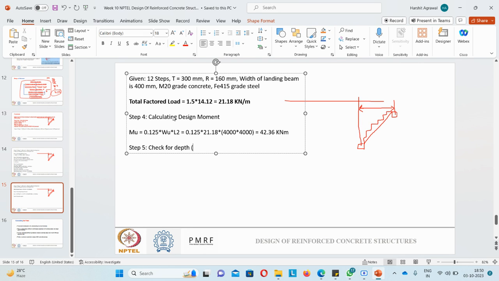How will we check? Based on Mu limiting, we can check this depth.